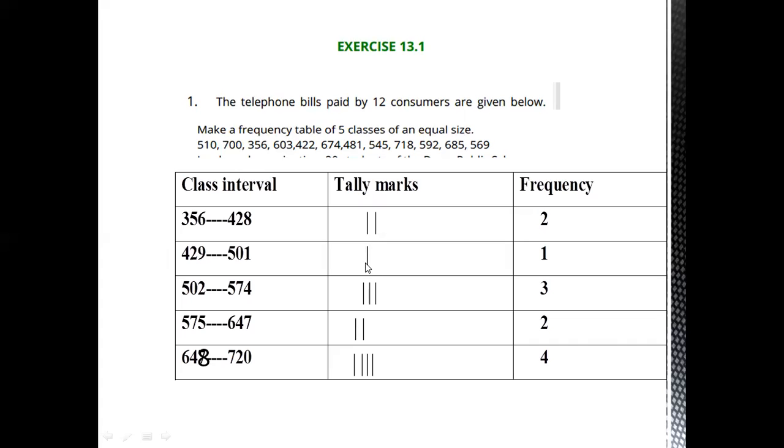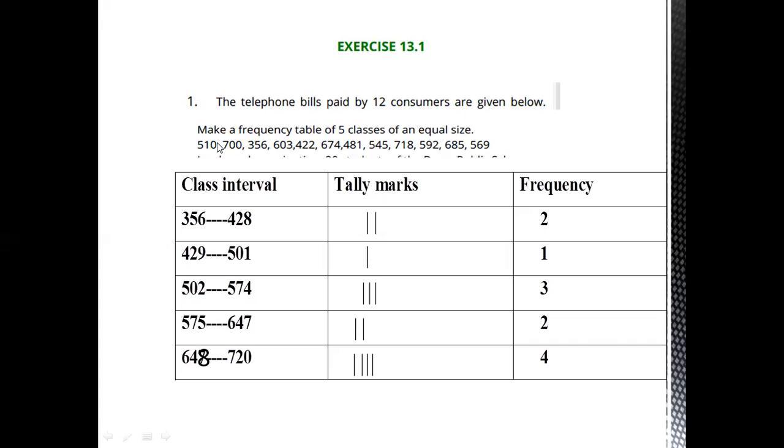Clear? The next interval is from 502 to 574, means in the given data how many numbers lie in this interval. Look, 510, one number which is greater than 502 and less than 574.